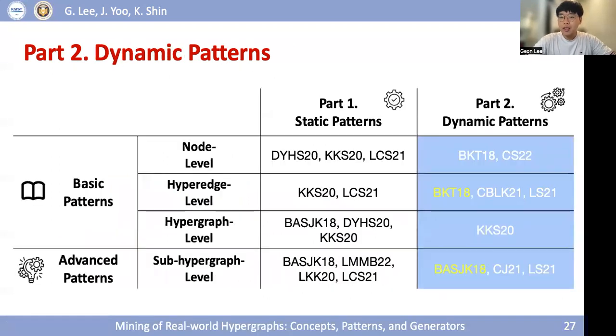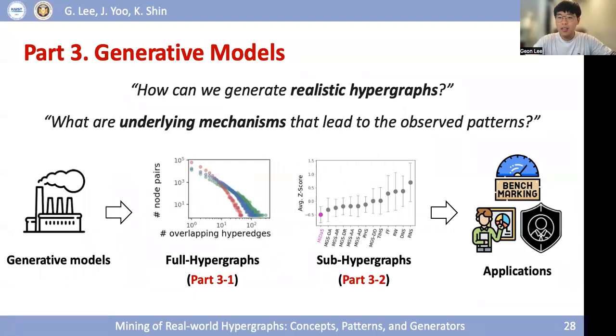The outline of the second part of the tutorial is as in the blue one. The highlighted ones are what we have just covered, but in the main tutorial, more patterns with details will be discussed. In the last part of this tutorial, we will share some generative models of hypergraphs that preserve structural patterns of real-world hypergraphs.